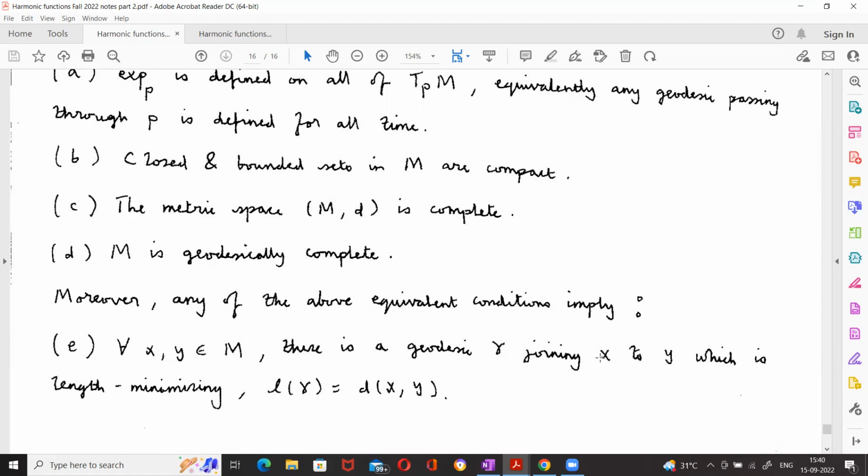Moreover, we can choose that geodesic to be length minimizing, so the length of that geodesic is equal to the distance from X to Y. So any two points in a complete manifold can be joined by a length minimizing geodesic. This is implied by the geodesic completeness or the metric completeness of the manifold.